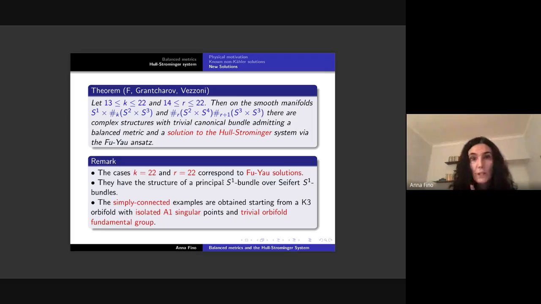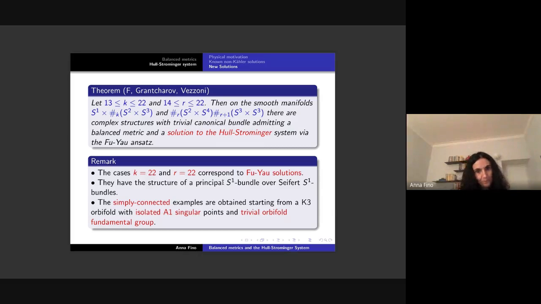Here I just want to mention that for R equal to 1, there is something that is not included in this case, an open problem. If you consider S2 cross S4, connected sum 2 copies of S3 cross S3, this manifold is one of the manifolds considered by Fan and Panov, and there is also a complex structure with a free C star action.